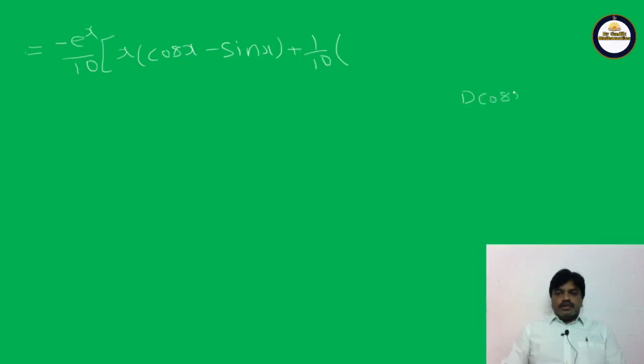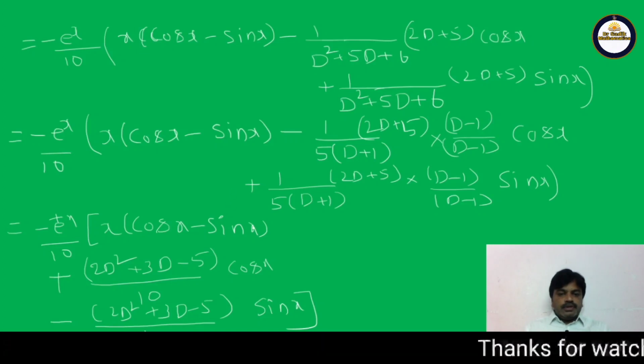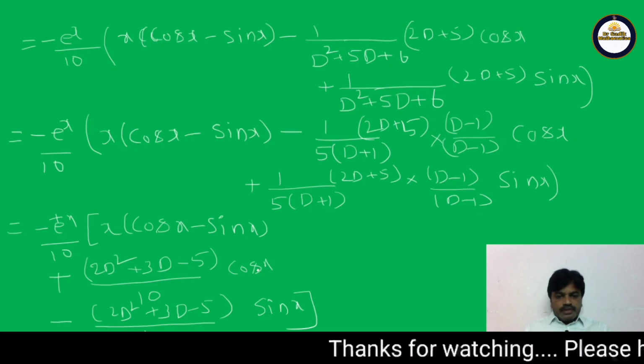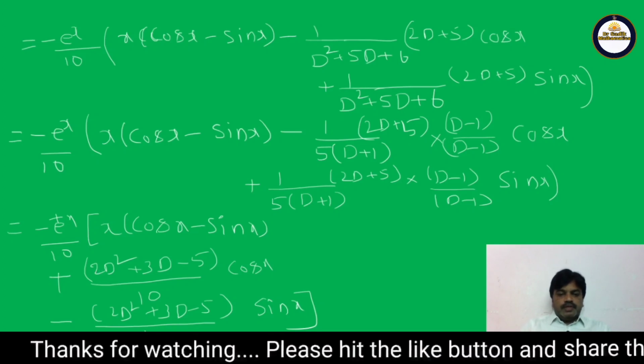D of cos x is minus sin x, d square of cos x is minus cos x, so minus multiplied with 2, friends, we get minus 2 cos x.